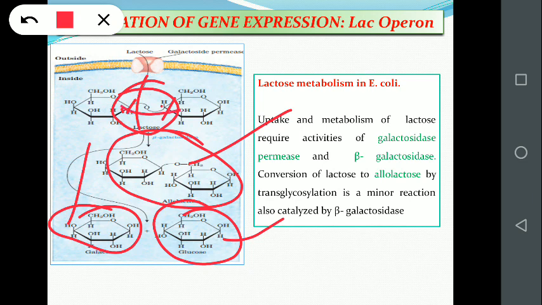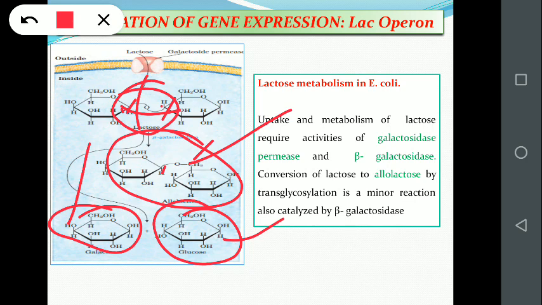But in case of allolactose, we have a 1,6 glycosidic bond. Just the bond has been shifted from the fourth position to the sixth position. So the 1,4 glycosidic bond becomes a 1,6 glycosidic bond. There is nothing more different than that between lactose and allolactose.